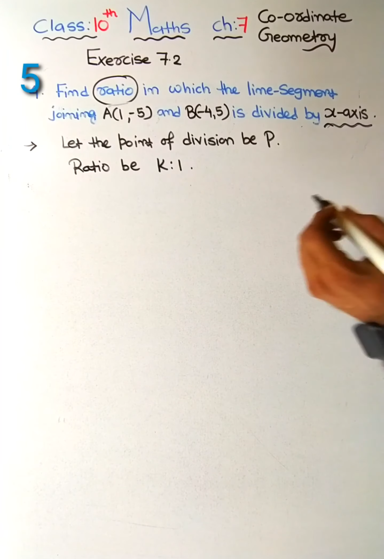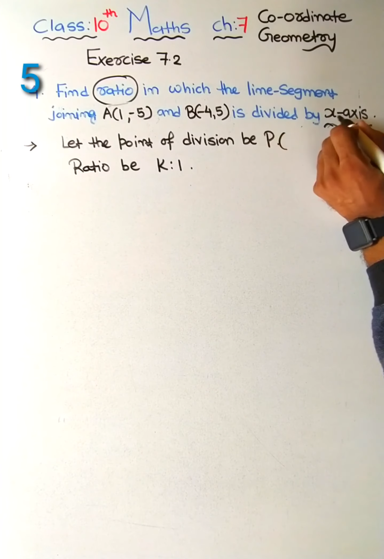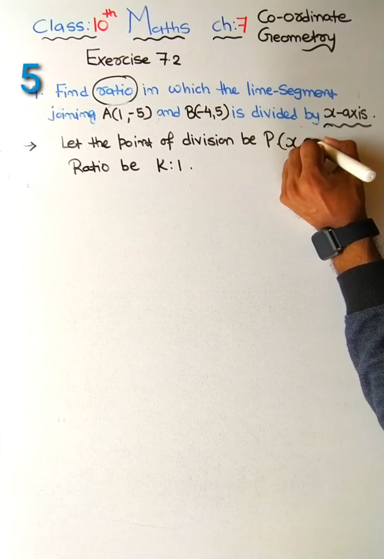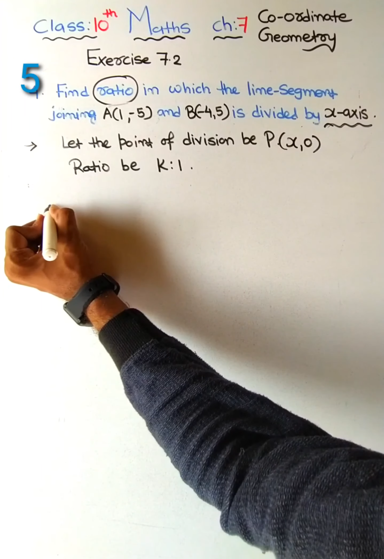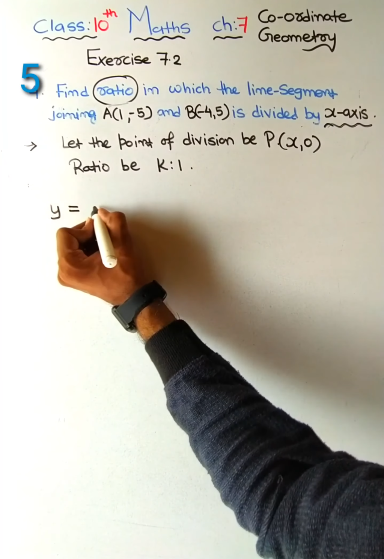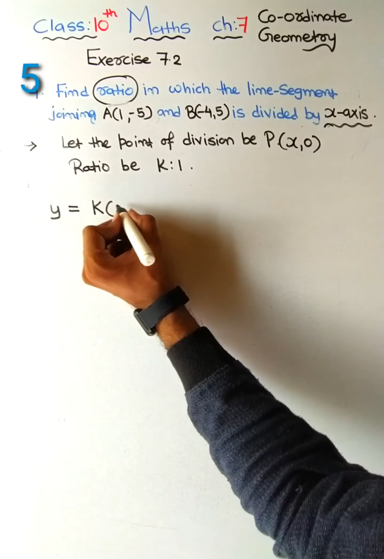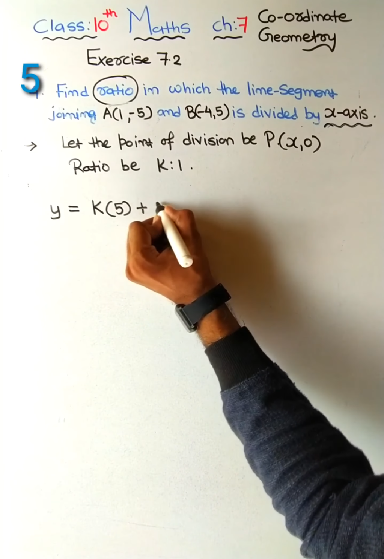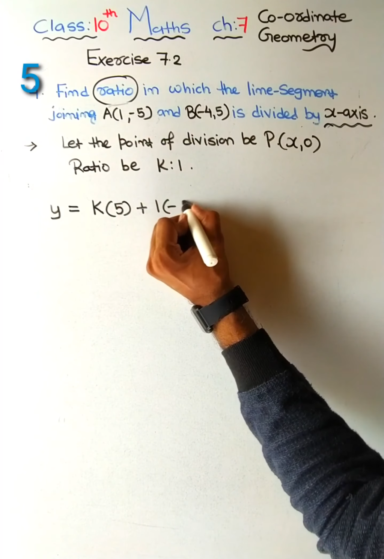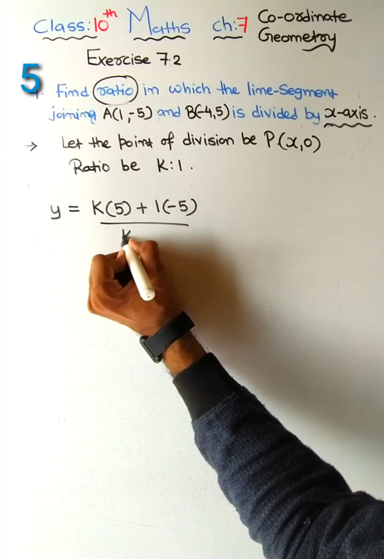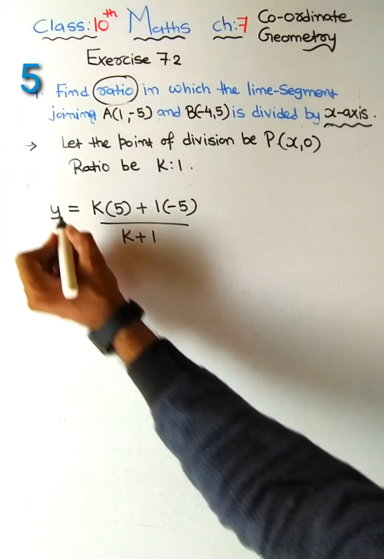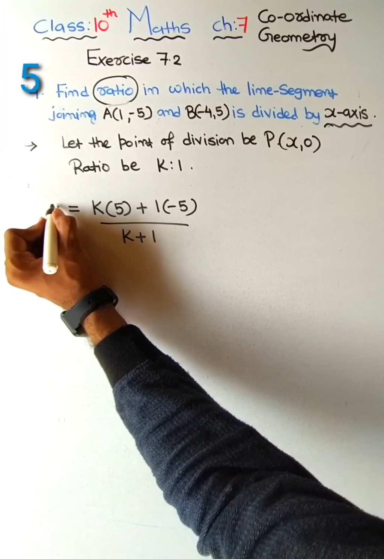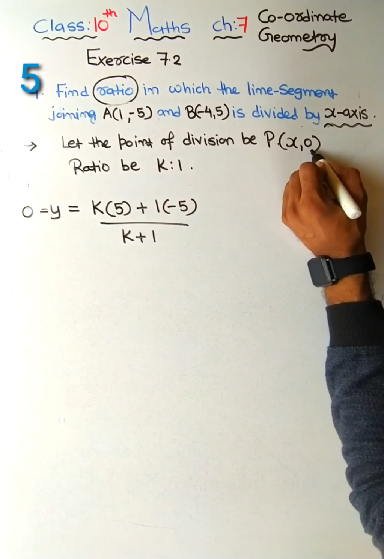As we know that point P is on x-axis, so it will only have x coordinate, it will have 0 y coordinate. So here y coordinate of dividing point will be k y2 plus 1 into y1 upon k plus 1, that is 5k plus 1 into minus 5 upon k plus 1. Now this y coordinate was 0. You see over here.